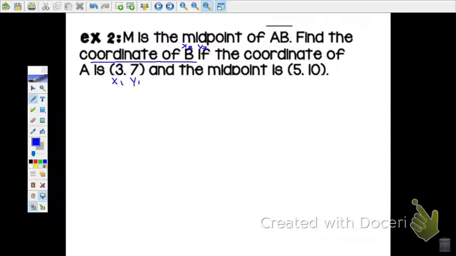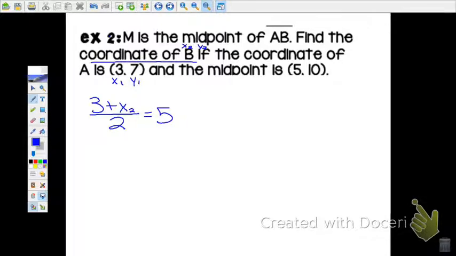My formula says I take the two x coordinates. So I'm going to have 3 plus x sub 2 over 2, and I know what that's equal to. It's equal to the midpoint, 5. I'm going to have to solve it for that x sub 2. So what am I going to do?